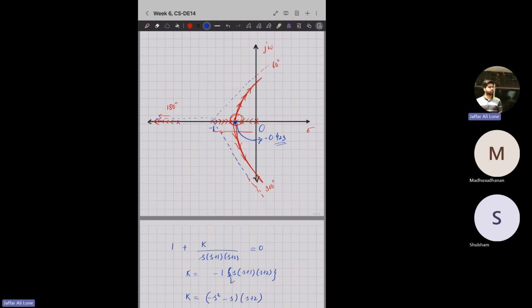But when they terminate at infinity, they have to terminate via these asymptotes. But how can we draw these asymptotes? They are making some angle with the real axis, but at which point? We found the angle made by the asymptotes, so where exactly on the real axis do these asymptotes make the angle? That is given by the centroid.